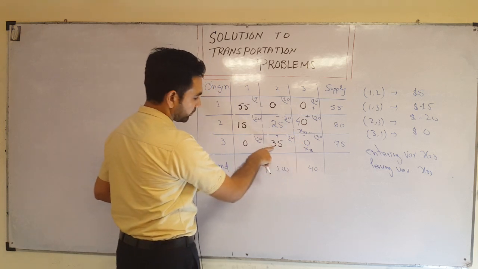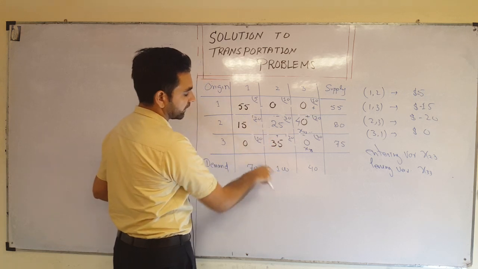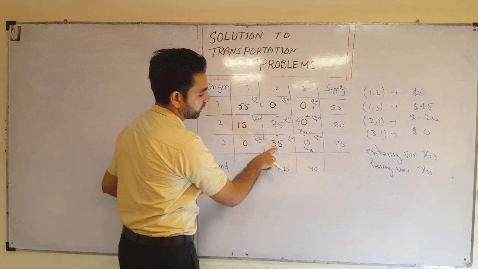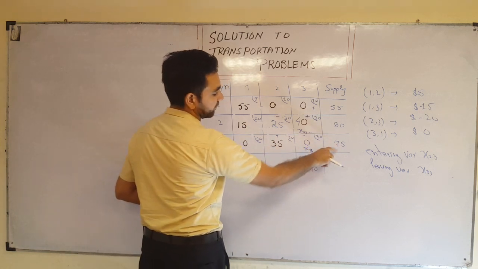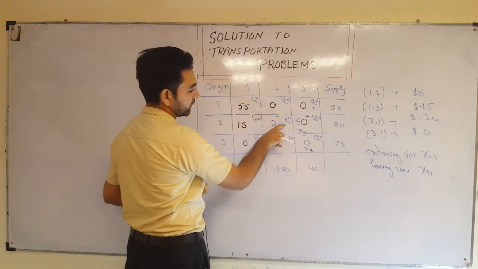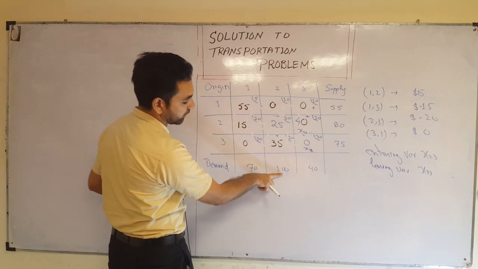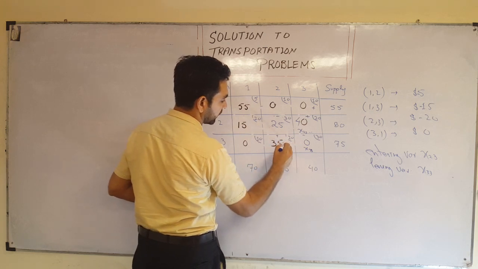And now here, how much do you have to add to 35 to make it 100? That is 25 and that is 35. Here the supply is 75. If you add 25 and 35, that gives you 60. So how much you have to add to make it 100 is 40. So you add that 40 up here.